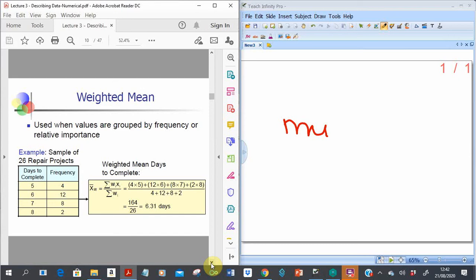To compute the weighted mean days, we have to use the frequency as well as the number of days taken. When we do that, we find the weighted mean to be 6.31 days.